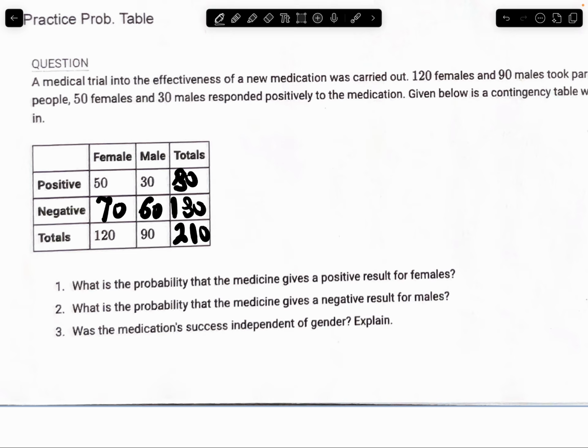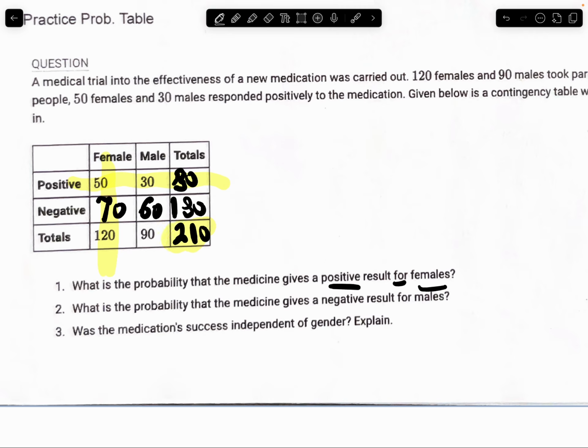What's the probability that the medicine gives a positive result for females? So if we look at females and positive together, that's 50. And the total number of people is 210.